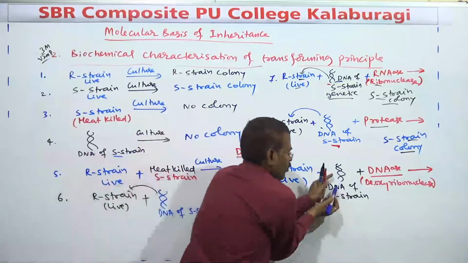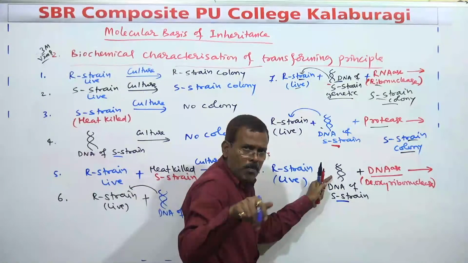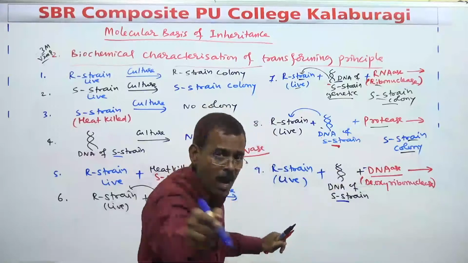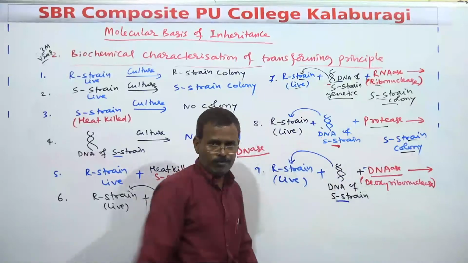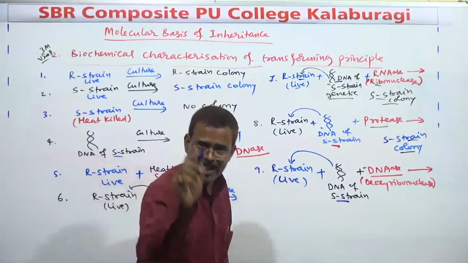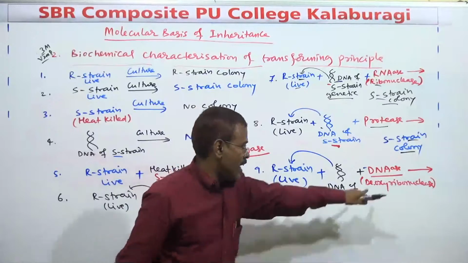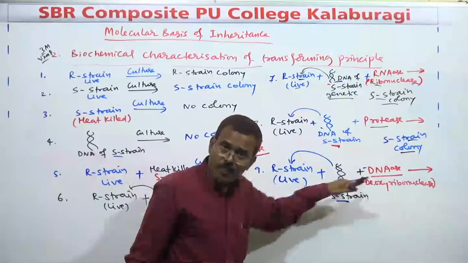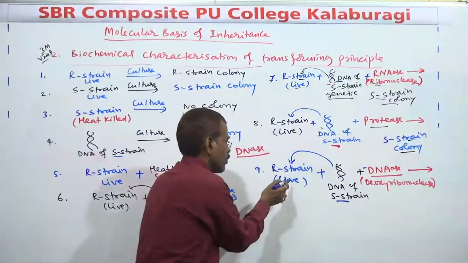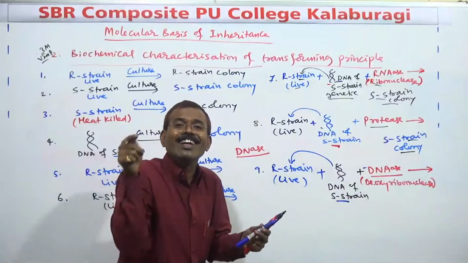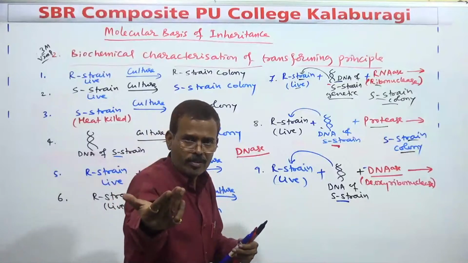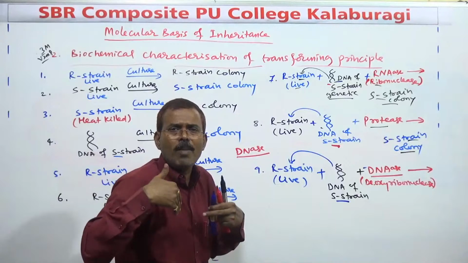Because of the breakdown of the DNA of the smooth strain by the activity of deoxyribonuclease, this genetic material was not available for entry into rough strain, so that this material could integrate with the genetic material of rough strain and bring transformation, bring the change in the genetic makeup of rough strain.